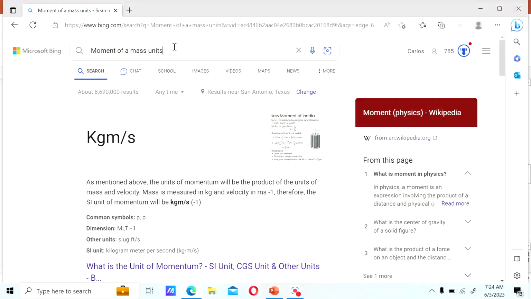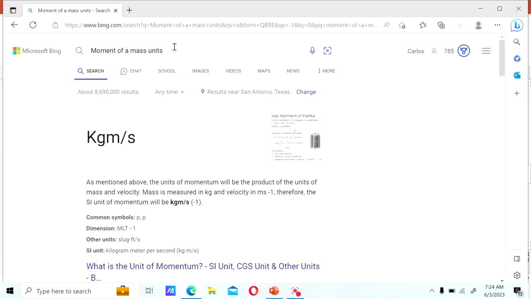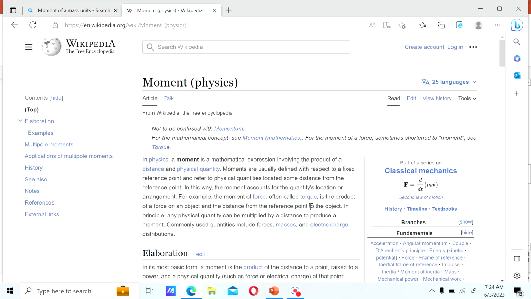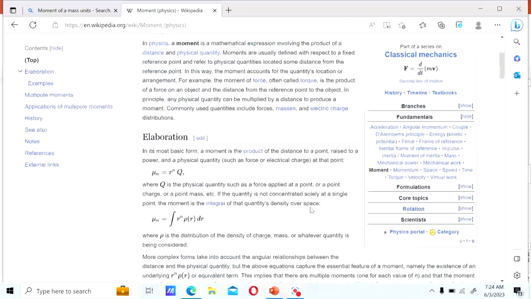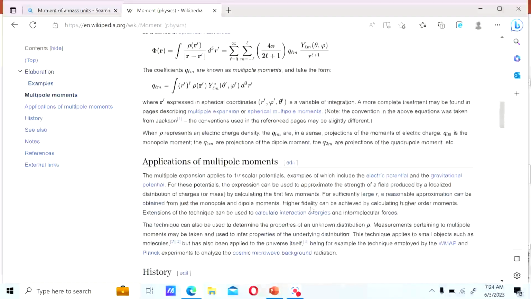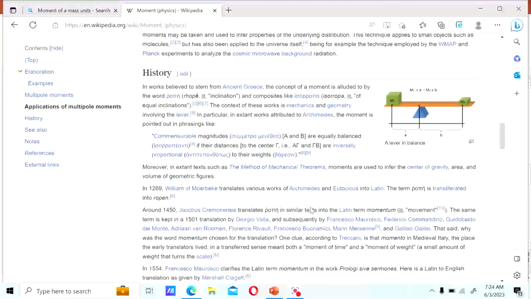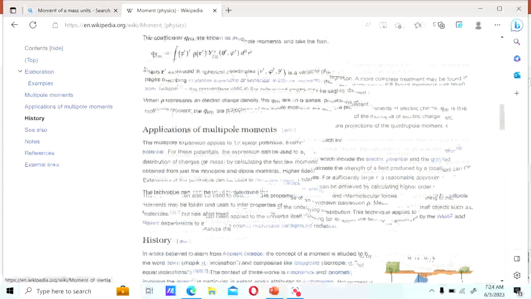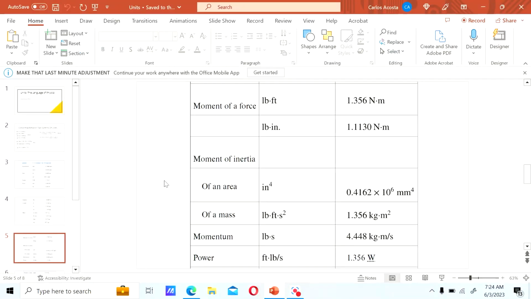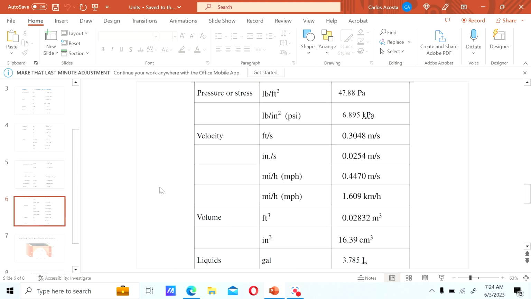Kilograms moment of a mass units. Moment. Oh wait, no, that we know. Sorry, we already know that is correct.